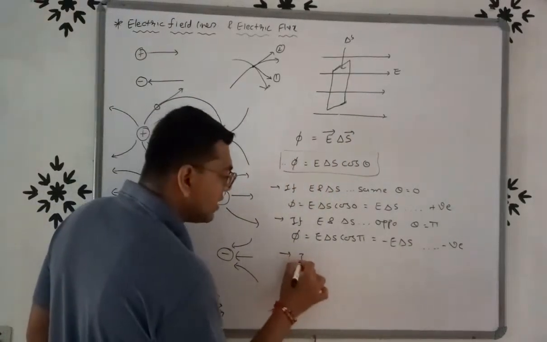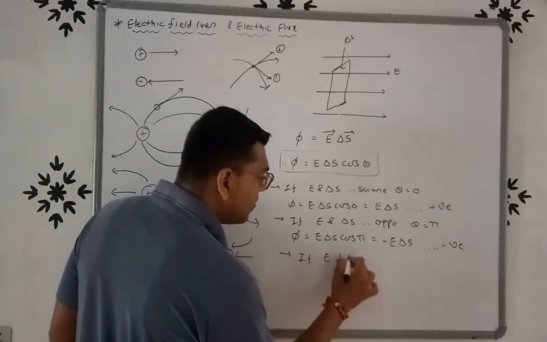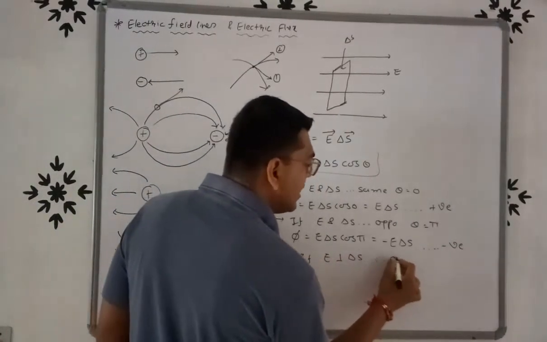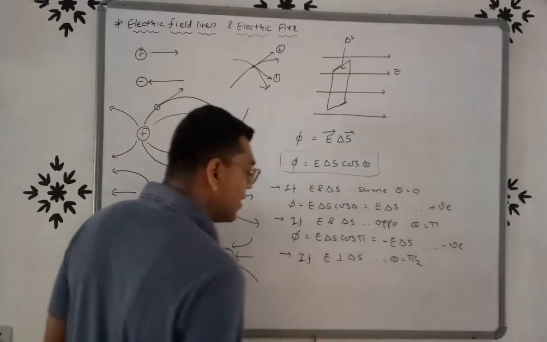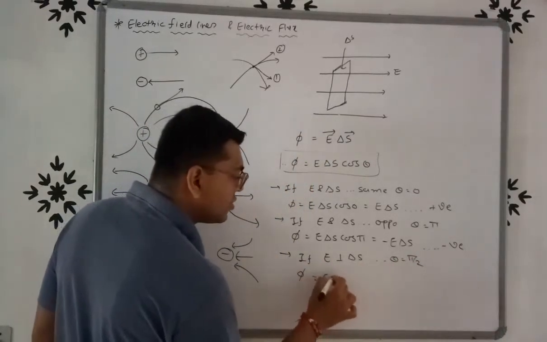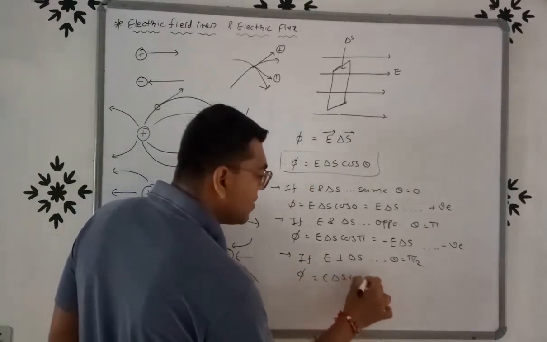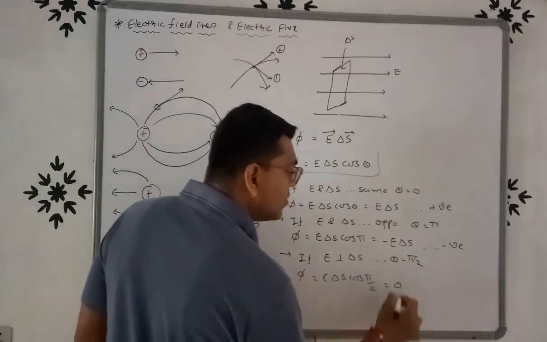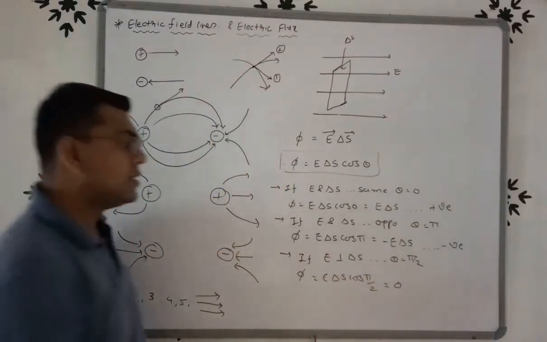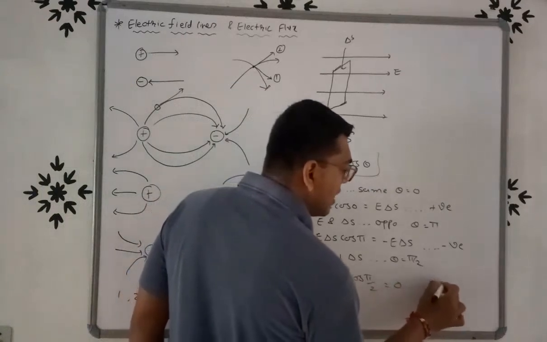Now third case, if E is perpendicular to delta S, then theta is equal to pi by 2. Right? So flux phi is equal to E delta S cos pi by 2. Cos pi by 2 is 0. So flux is 0. Right?